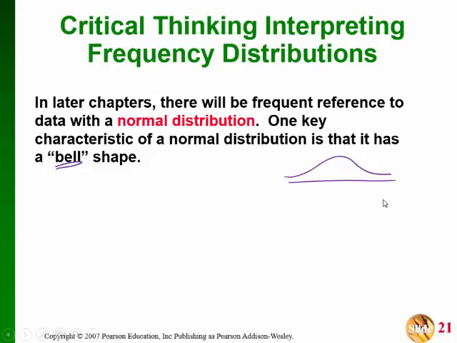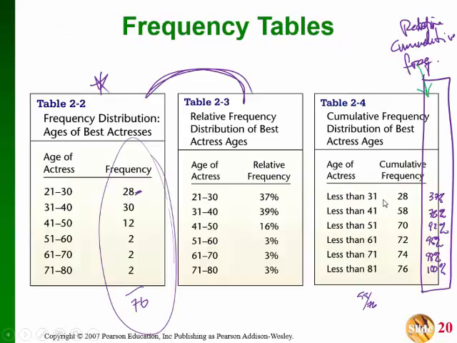And that means it's also roughly symmetric. When they say approximately symmetric, it doesn't have to be exactly symmetric, as long as it starts low, goes up, and goes back down low. Okay? All right.